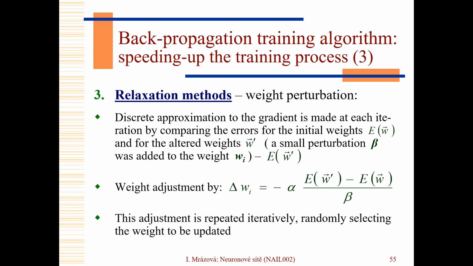So the weight adjustment is very simple, and we compute the delta for Wi, the change of the weight Wi, as the negative ratio between the difference of the error function capital E at point W prime and the error value E at point W, multiplied by some learning rate alpha and divided by the small perturbation beta.